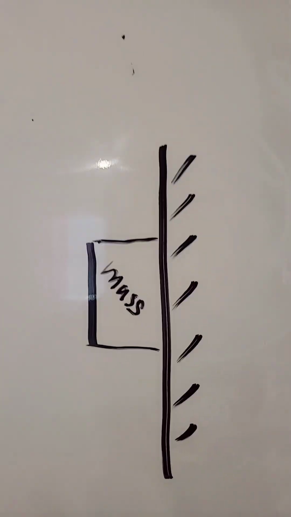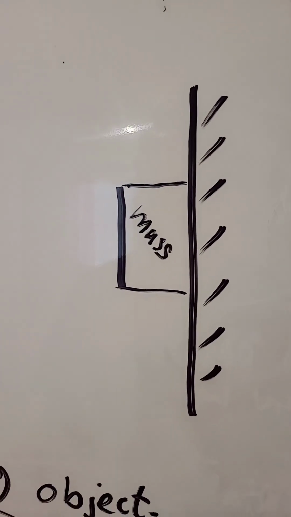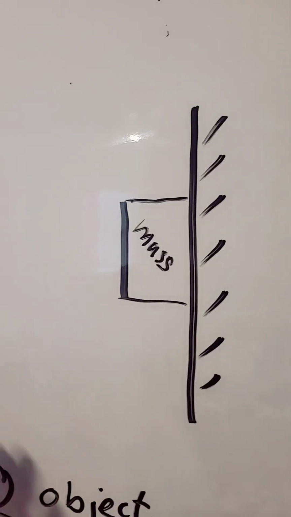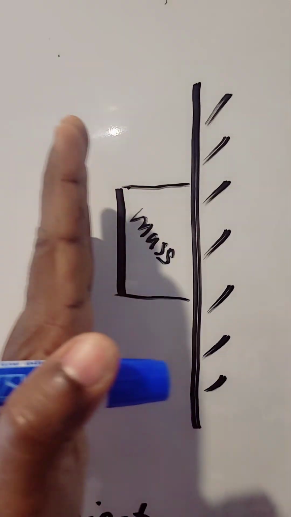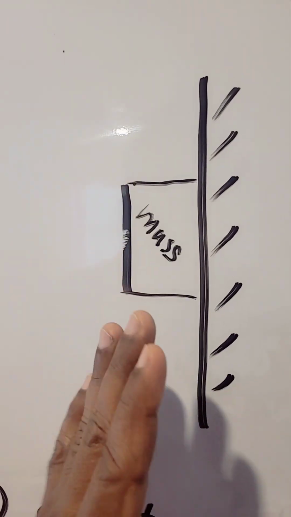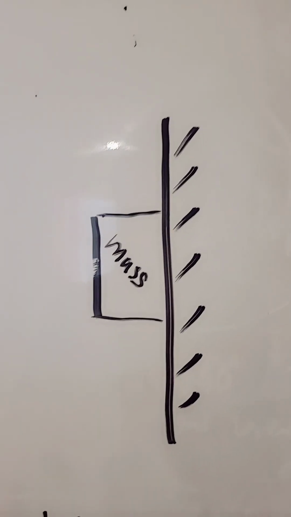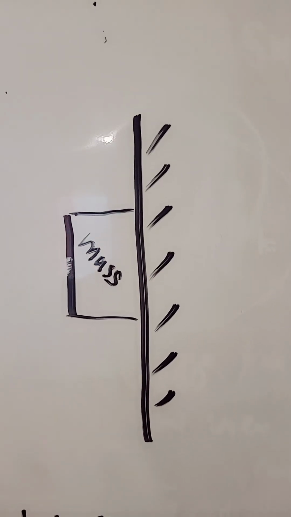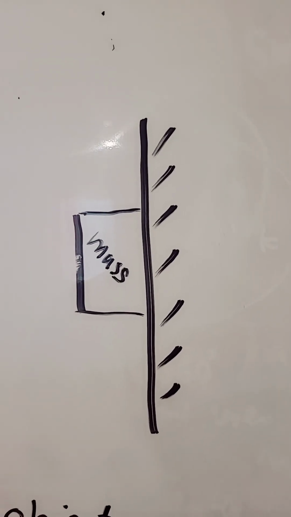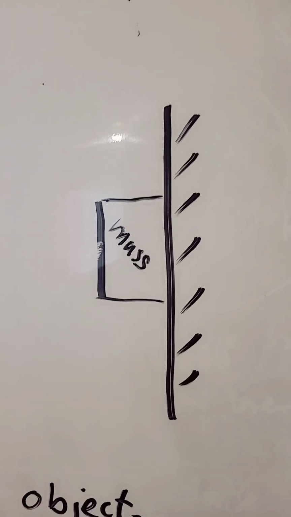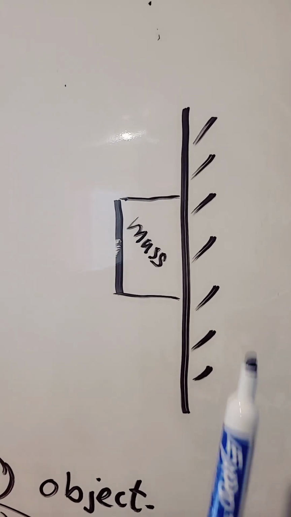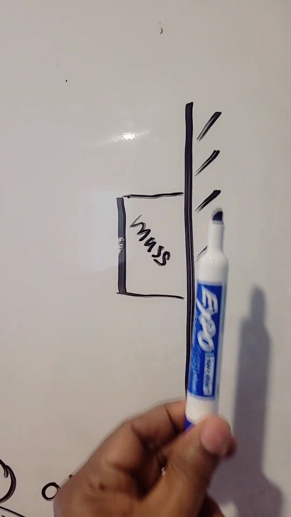Now let's look at the next example. Here, this is a vertical wall, and you are pushing on the mass, and the mass stays at rest. So how do you draw the normal force in this example? Again, it's going to be perpendicular to the surface.